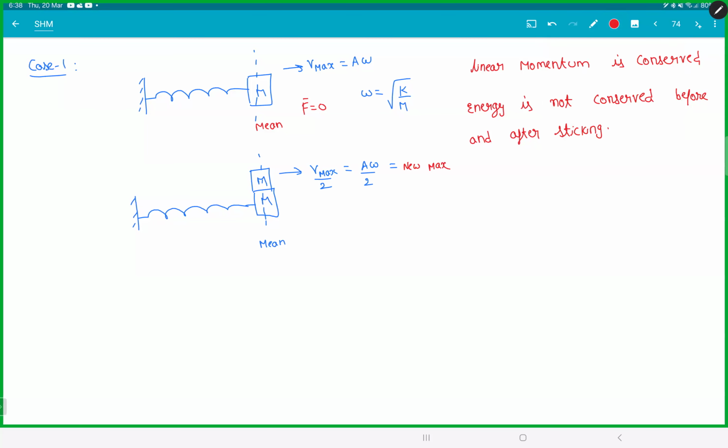Because you're still at the mean position, this is your new maximum speed. And what is your new omega? Omega new is root over k by 2m. Therefore, the new speed V new max will be the new amplitude times omega new. This guy is A omega, this guy is A new. This is omega by root 2.